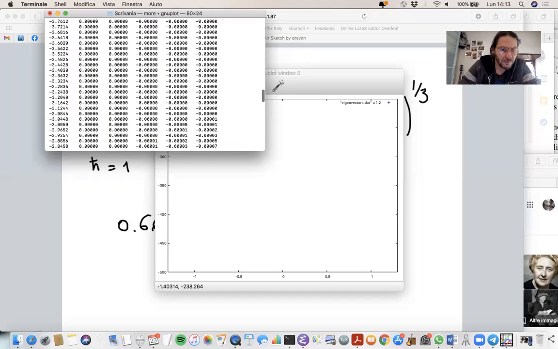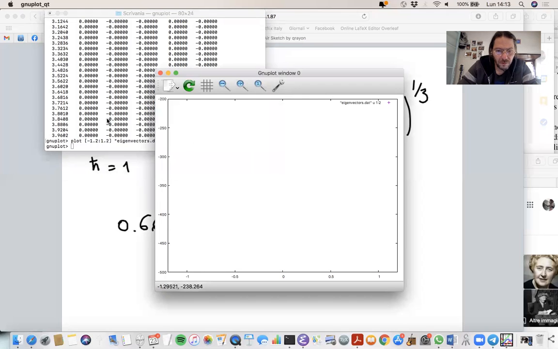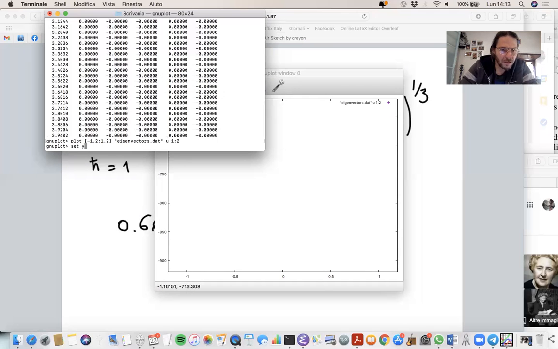Okay, so there's no point to plot anything beyond -0.2. Okay, so set y range 2.